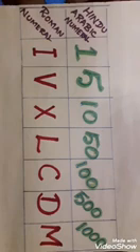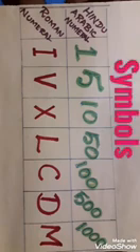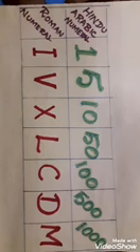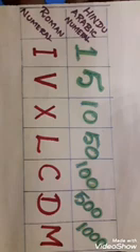In the previous session, we have learned the Roman numerals and their rules. Now, we are going to see how to write the Roman numerals. What are the symbols used in Roman numerals?